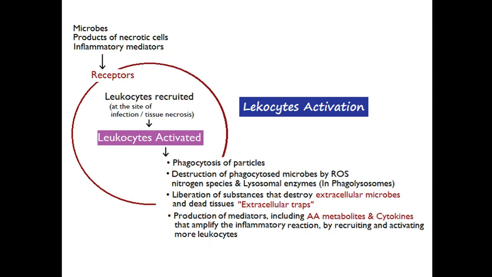And in many clinical diseases, these reactive species are involved in the pathogenesis, and they are also the targets of modern medical therapies, because these reactive species cause damage to the healthy tissues.